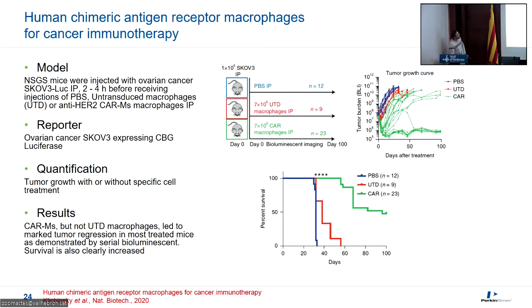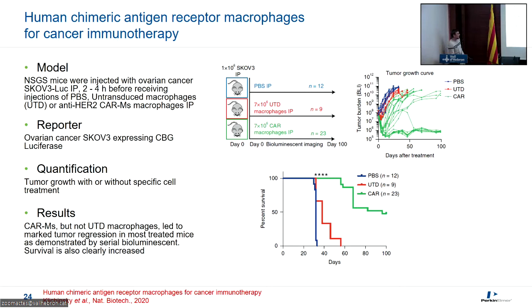And here you can see the bioluminescent signal coming from the tumor cells, and we can see that we have a good survival curve after using the CAR-M cells directed against those tumor cells. In the case of the control, all the mice were dead 13 days after induction.